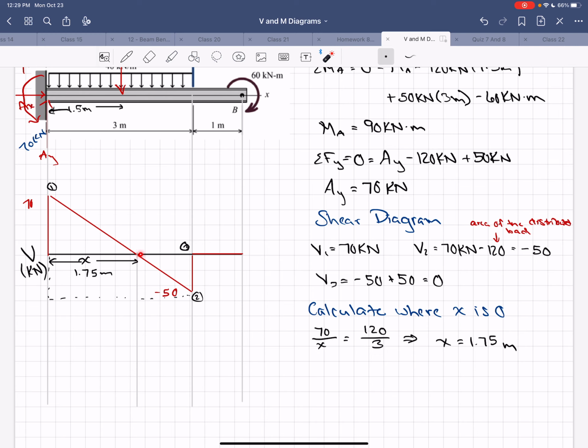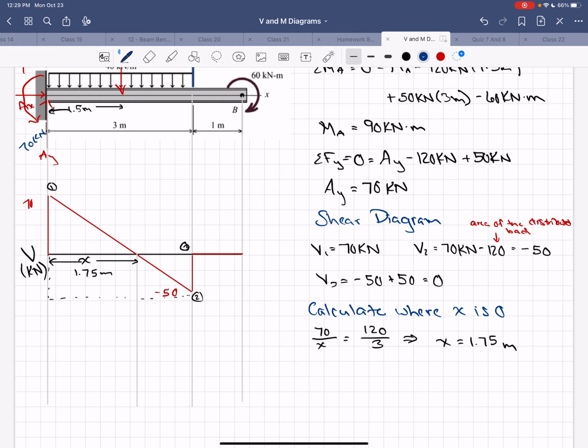So if the shear is 0, that means the slope of the moment is 0. So it'll be either a maximum or a minimum point. That's why we care. And we're going to have to calculate this area to find the moment. So we care for that reason too.